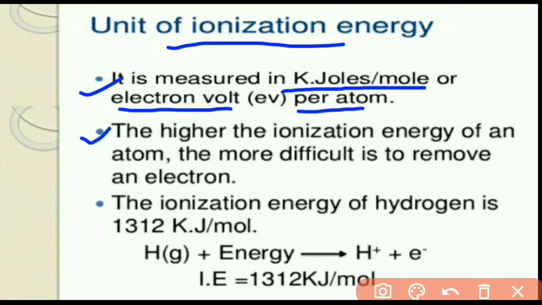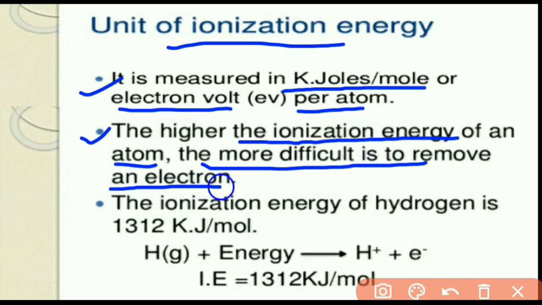The higher the ionization energy of an atom, the more difficult to remove an electron. So if the valence shell is completed or half completed, the ionization energy is very high and it is more difficult to remove an electron.